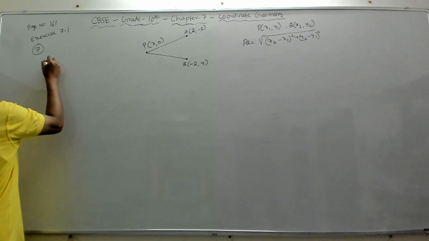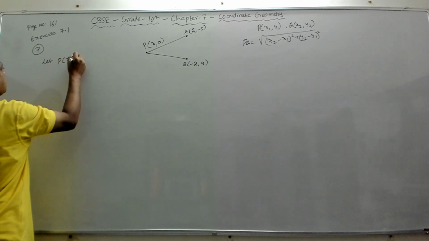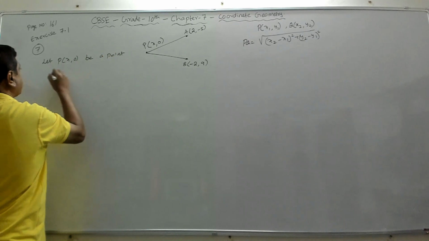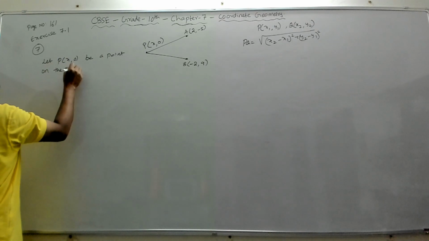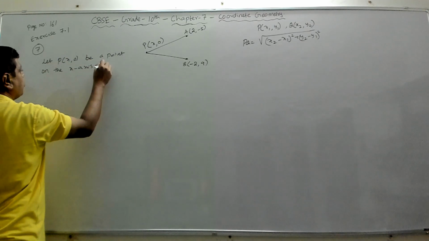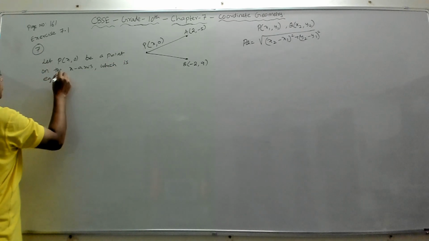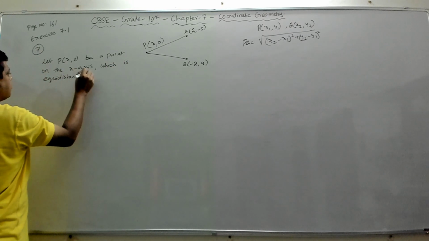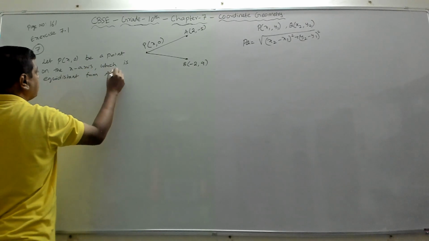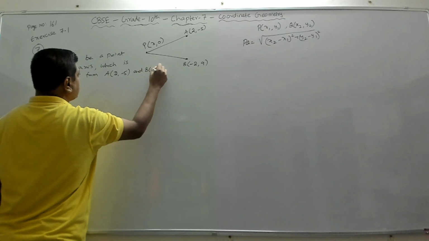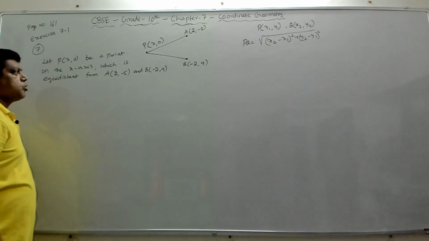So we'll say, let P(x, 0) be a point on the x-axis which is equidistant from the points A(2, -5) and B(-2, 9).